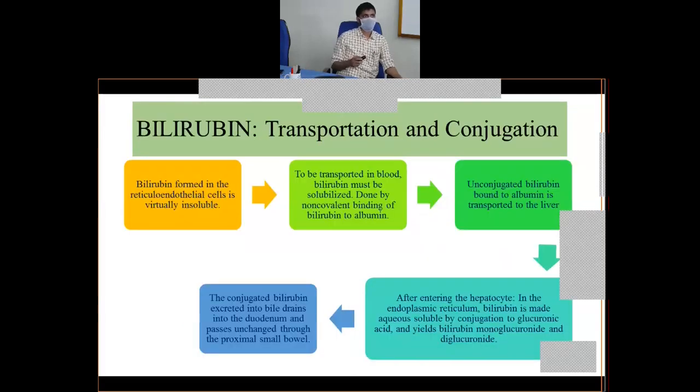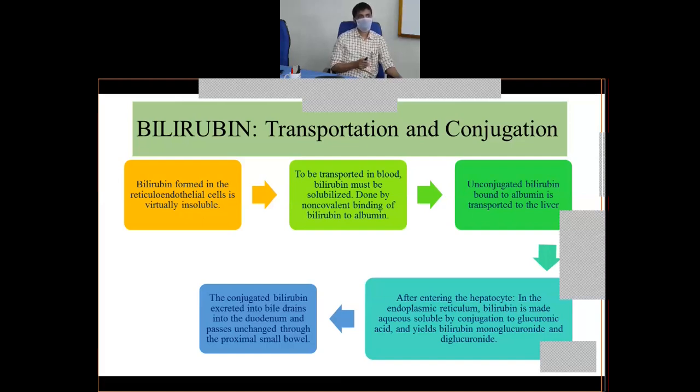Then bilirubin transportation and conjugation. Remember this, because lots of congenital diseases that affect bilirubin metabolism can lead to hyperbilirubinemia. Bilirubin from the reticuloendothelial cells is virtually insoluble. To become soluble, it has to be bound non-covalently to albumin.